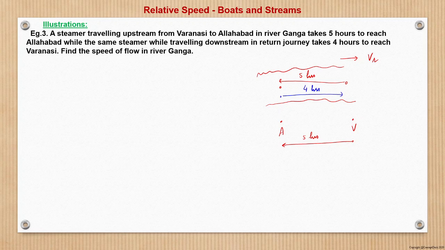Find the speed of flow in river Ganga. So let us see here. So here actually we'll modify this problem. Otherwise, if we have to find the speed of flow in river Ganga, that we may not find. Data is insufficient.